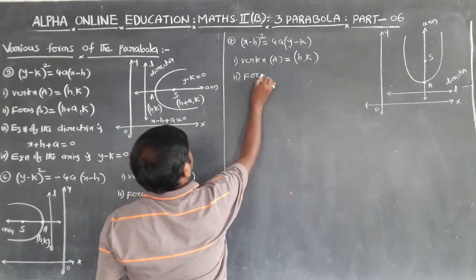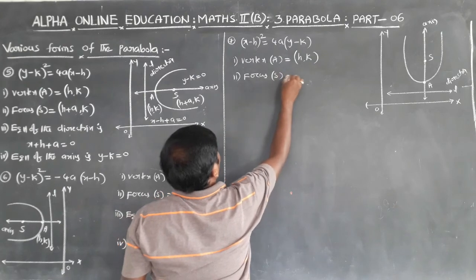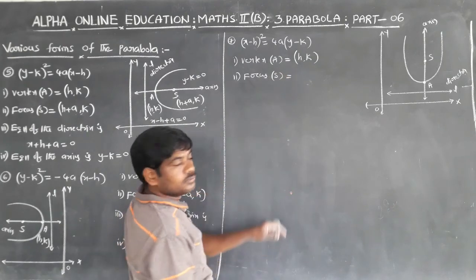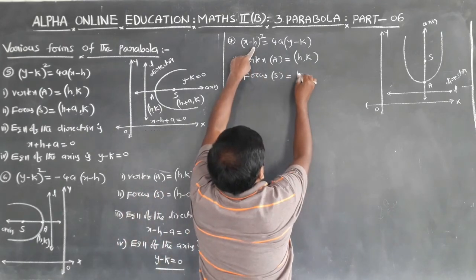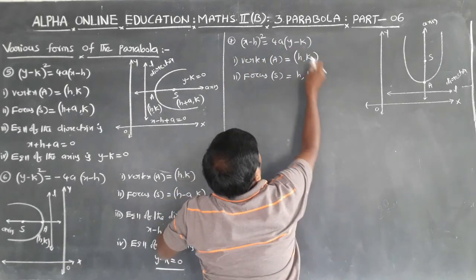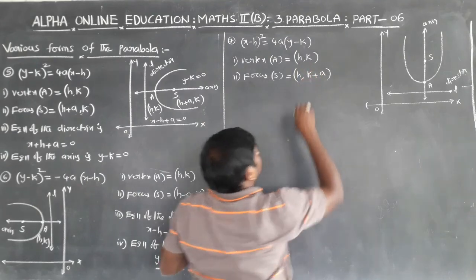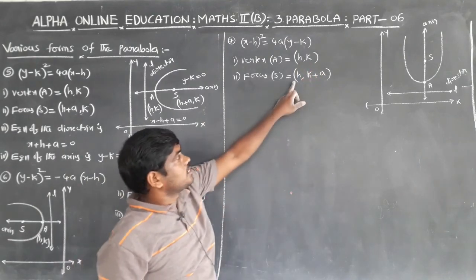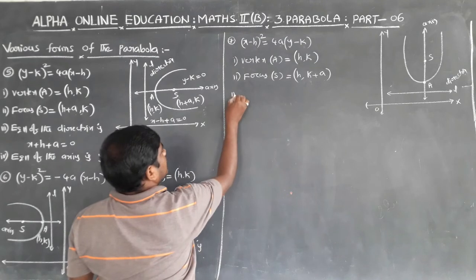Second one is focus. Focus S is equal to x coordinate h, y coordinate k plus a. Focus h comma k plus a.